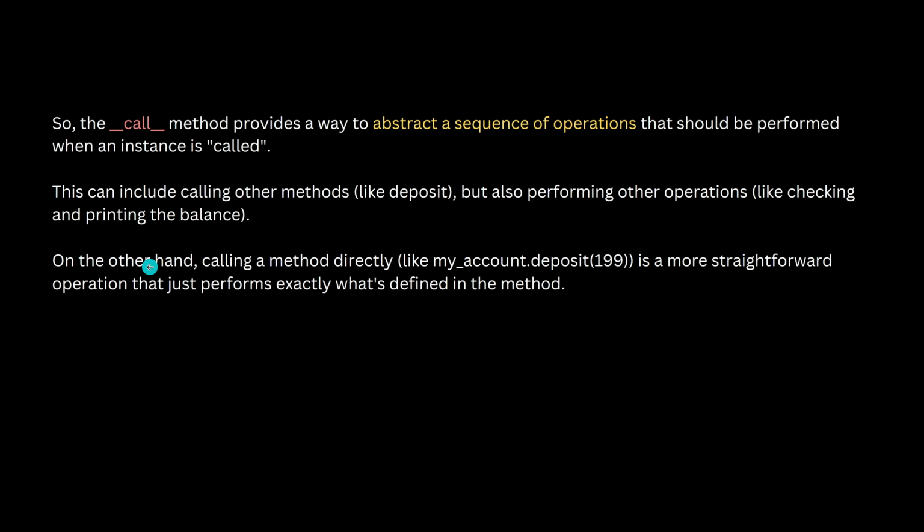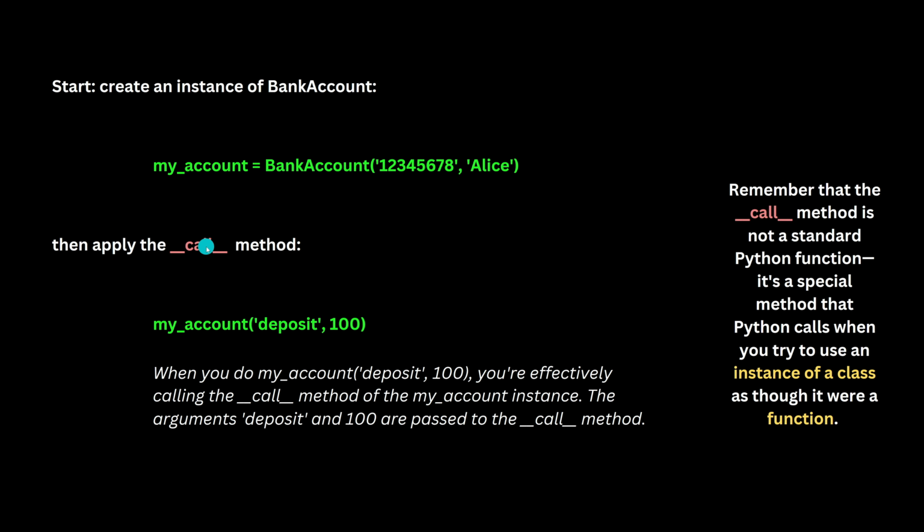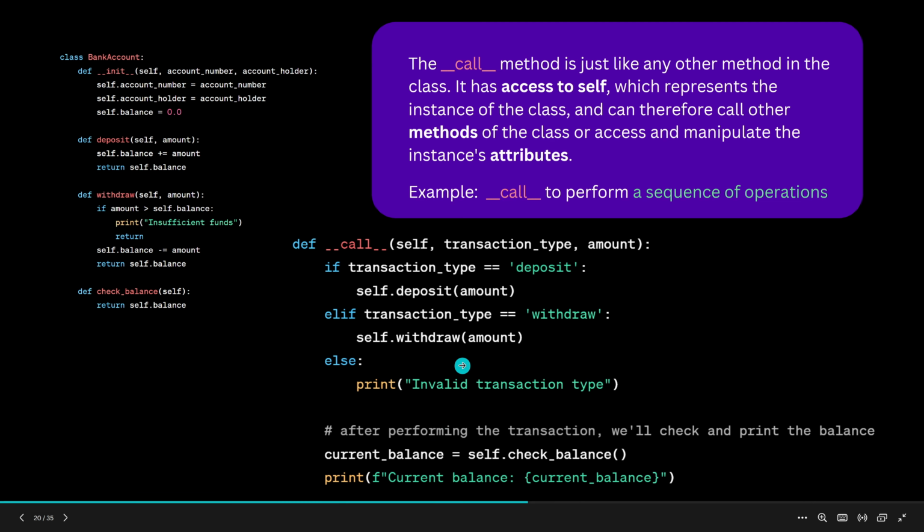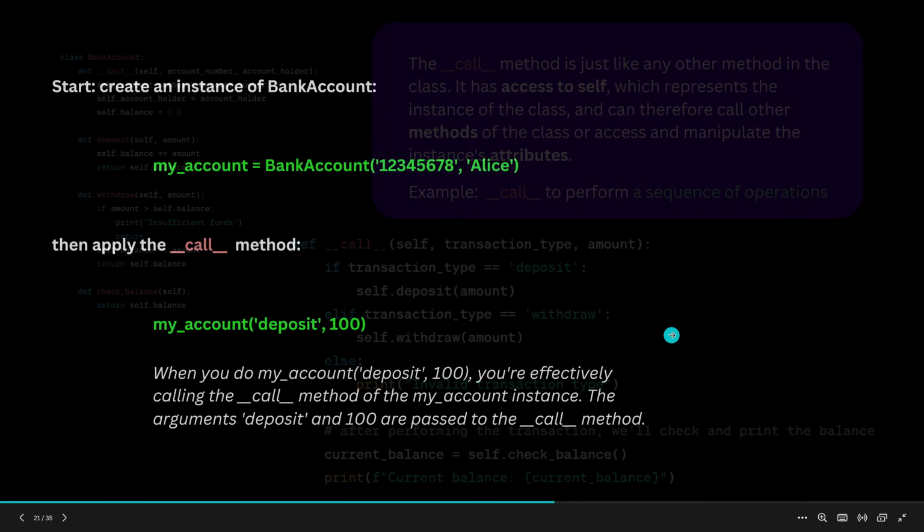On the other hand, calling a method directly, the very first example, my_account deposit 199, is a more straightforward operation if you know exactly what you want to do and you have only a simple job to do. So you have 2 options, but call we will use a lot in our artificial intelligence system.